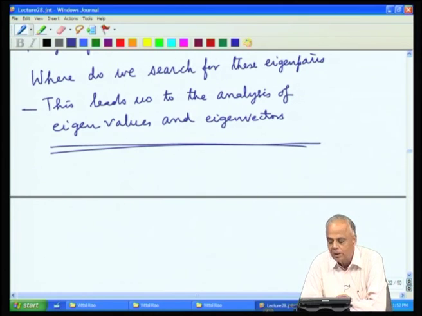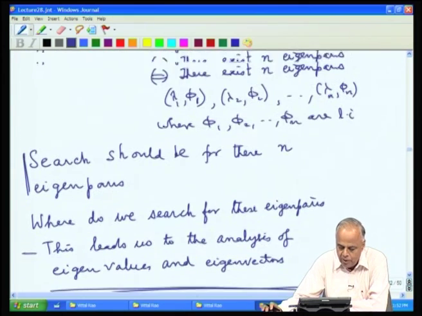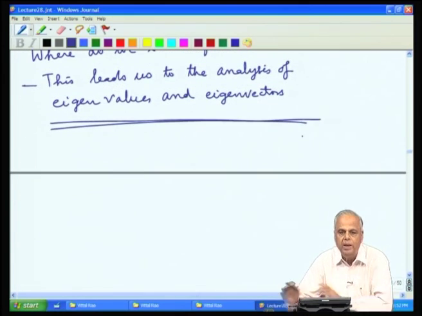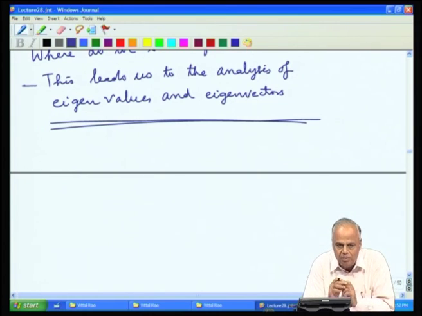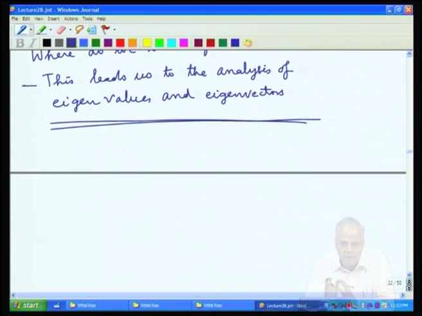What should be our strategy? We have to find the pairs lambda and phi. If we have to find the pairs lambda and phi, we have to find those numbers lambda and then, corresponding to those, the vectors phi.